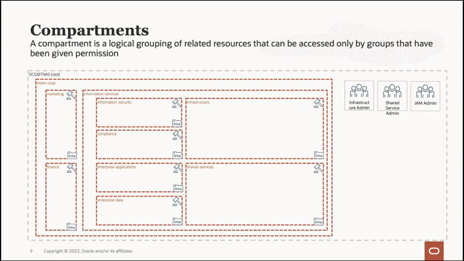So if you have a SOC, if you have a network operations center, if you have certain services that are shared, all of these resources are going to be part of a logical isolation, so that we can say, oh, what user needs to access what at what time.